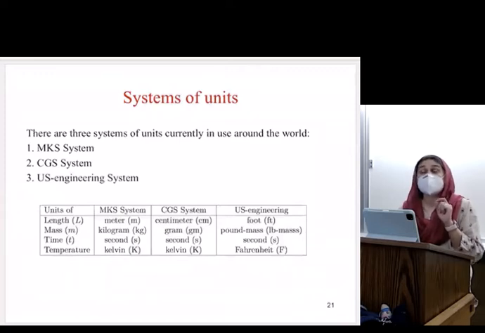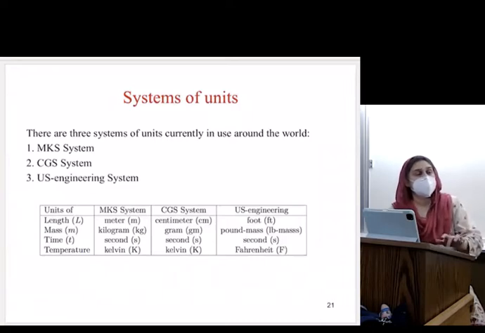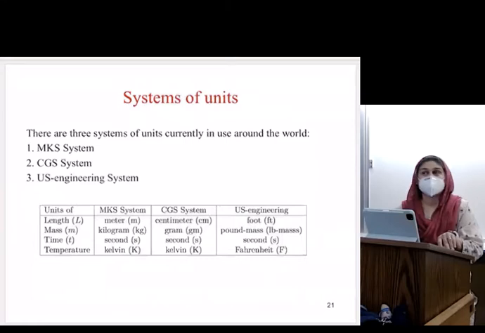There are 1,000 grams in 1 kilogram. Kilo means 1,000. Okay? So there are 1,000 grams in 1 kilogram. And S is still seconds. So MKS, CGS. Meters, kilograms, seconds. Centimeters, grams, seconds.